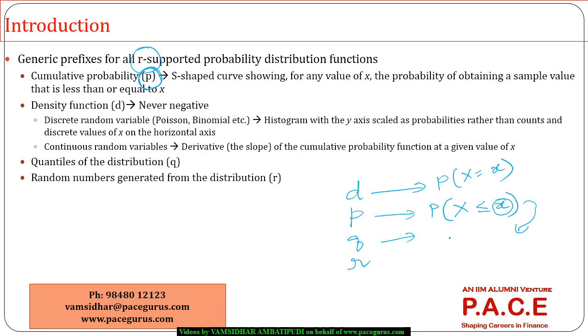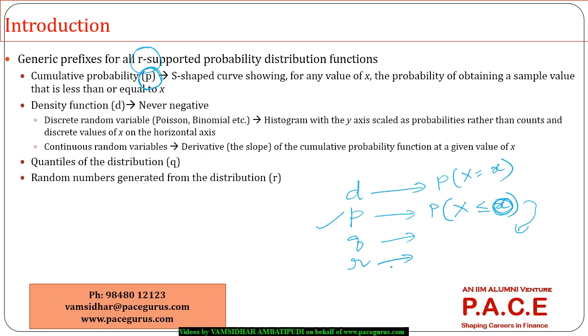That is what we call the quantiles of the distribution. You can look at it as the inverse of the cumulative distribution, because the cumulative probability distribution will give me the probability of X less than or equal to x. But once I give the probability, the Q function will find out the value of x where the probability of X less than or equal to x is that much.